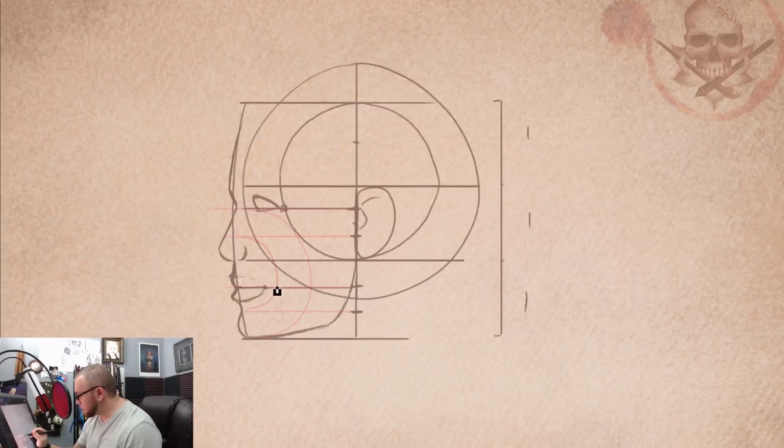We've got this sweeping line that comes from the end of the mouth up toward the nose and then back towards the top of the ear. And that can give you the curvature of the cheeks and the crest of the cheekbone up at the top. There is another line from where this second circle would intersect with the mouth line that also comes up towards that.